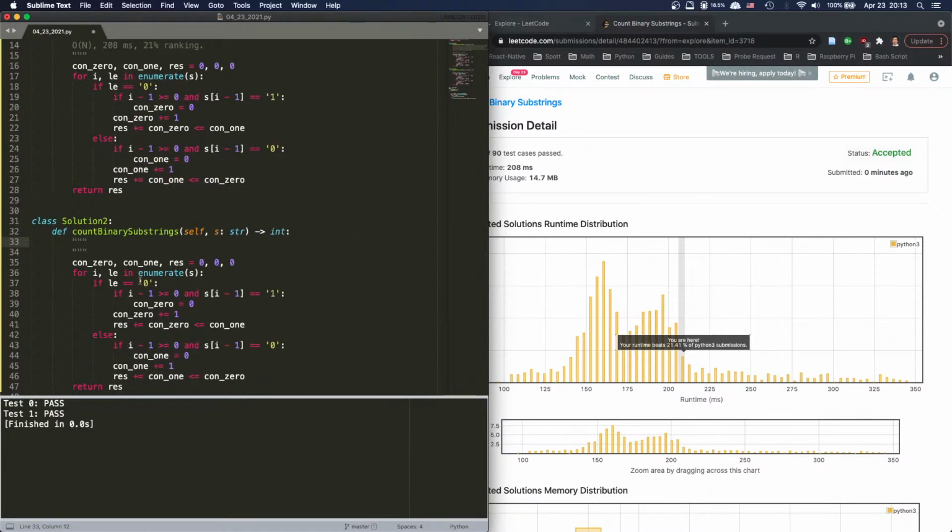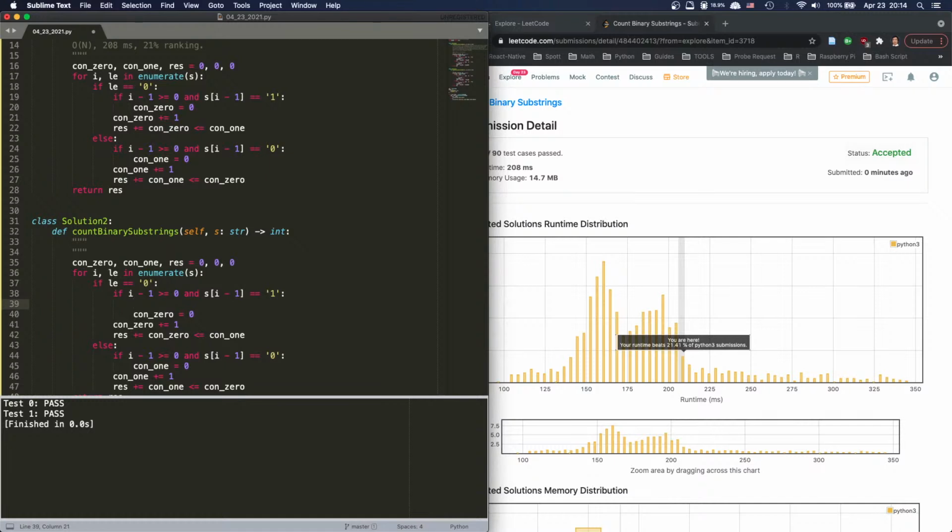So we're gonna say if it's the last one, the previous, and then we do this. What does it mean? The current one is 0 and the previous is 1, so 0 has restarted, right?